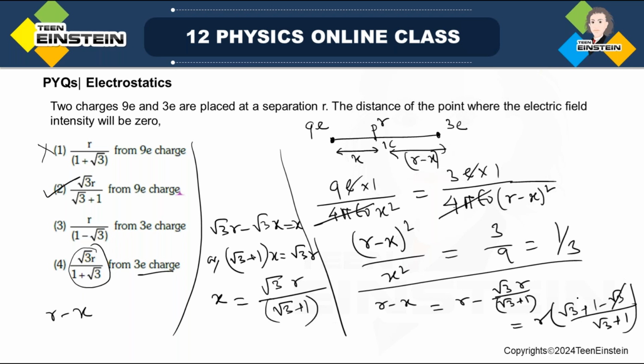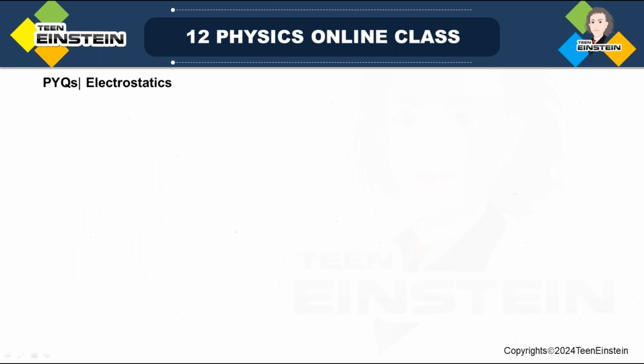So root 3 cancels, so r by 1 plus root 3. That should be the distance from the 3 charge. So all other options are obviously wrong, and the second option is the correct answer for this question.